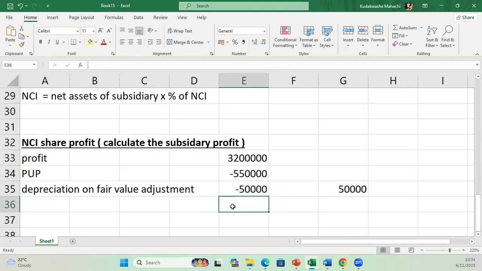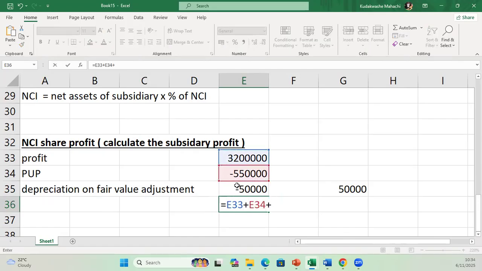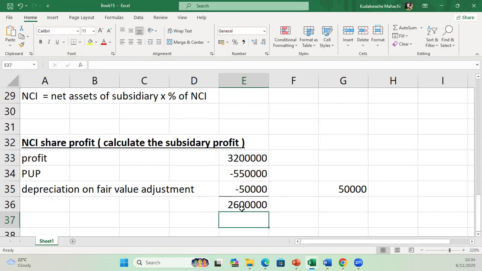So tani adjusted profit ya subsidiary. Yes, affect NCI share of profit.